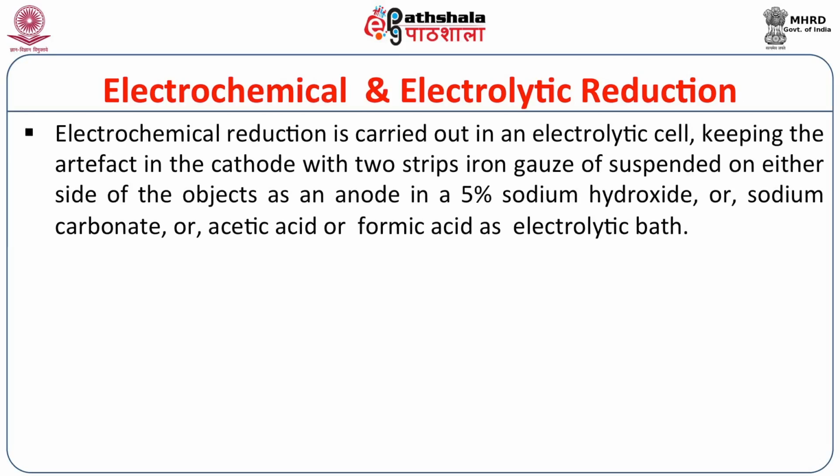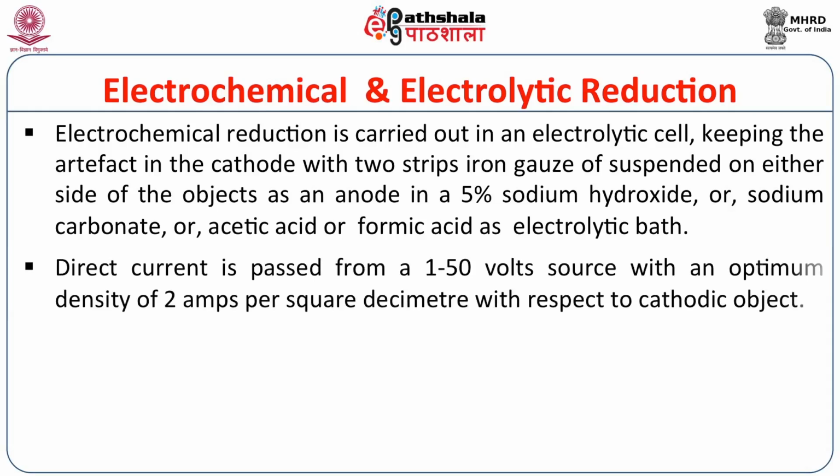Electrochemical reduction is carried out in an electrolytic cell, keeping the artifact as the cathode, with two strips of iron gauze suspended off either side of the object as an anode, in a 5% sodium hydroxide, sodium carbonate, acetic acid or formic acid electrolytic bath.